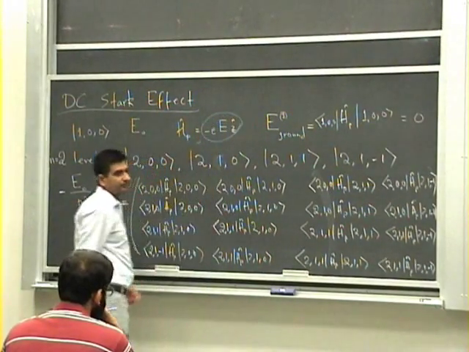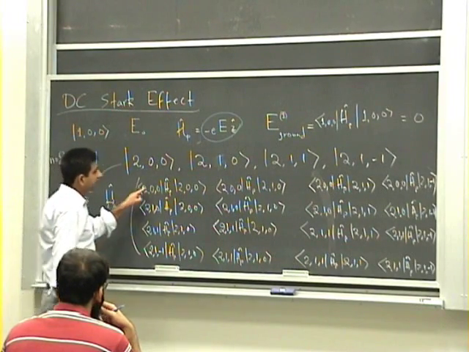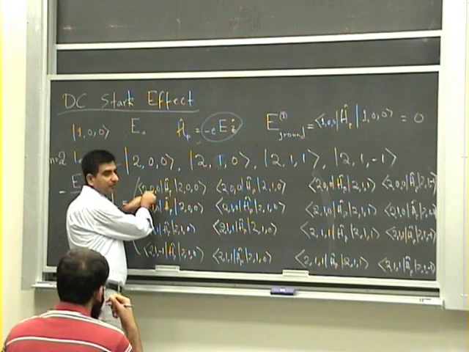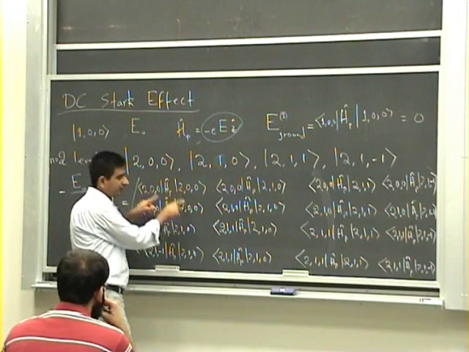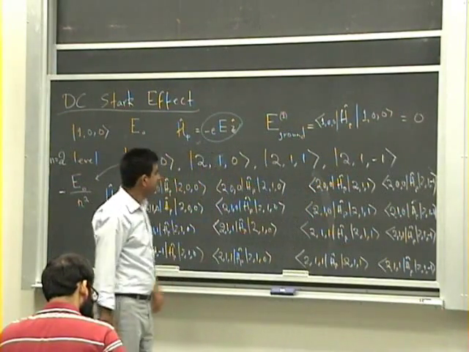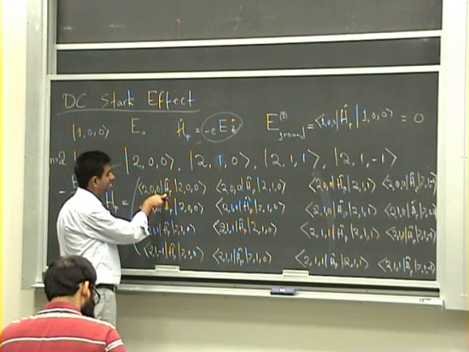It's a Z operator. Now we notice that in the diagonal terms, the L's are the same for the bra and the ket. Now this is an odd operator, the Z operator.